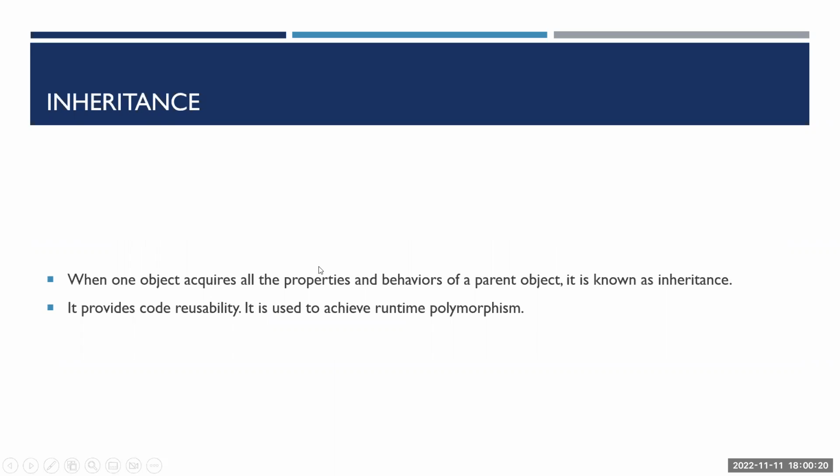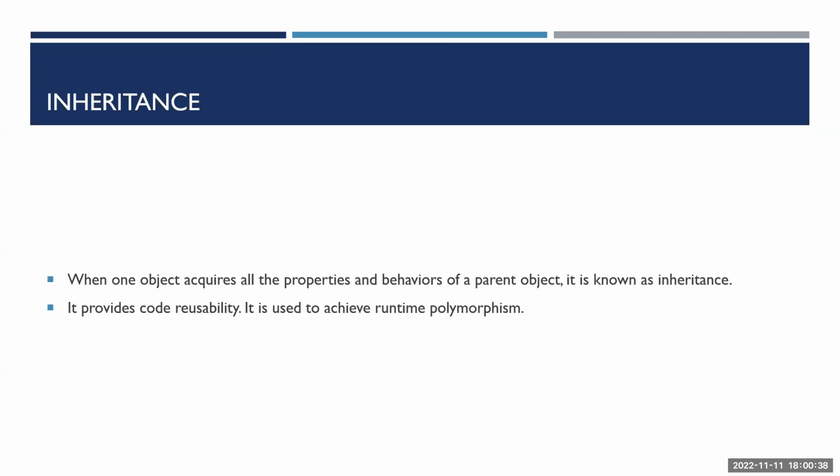Let's start with the first object-oriented principle, inheritance. When one object acquires all the properties and behaviors of the parent object, it's called inheritance.